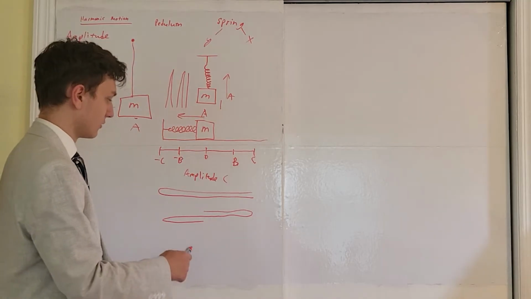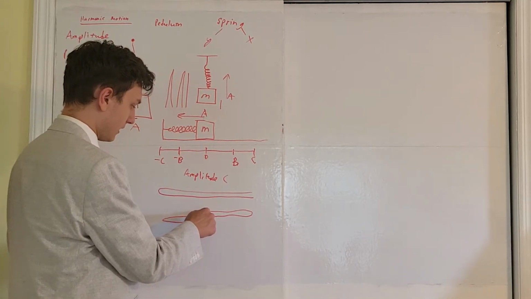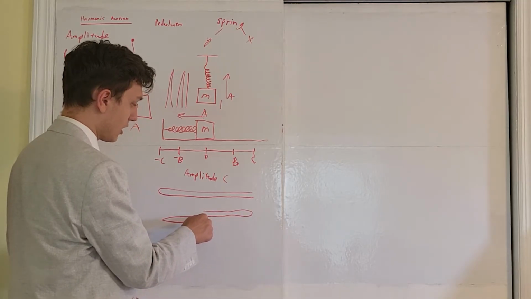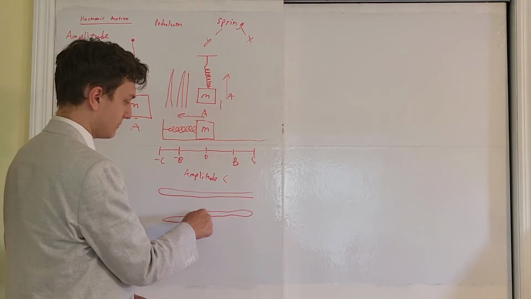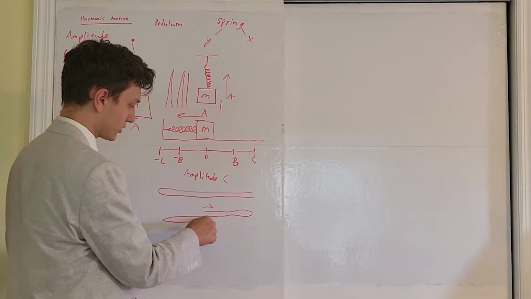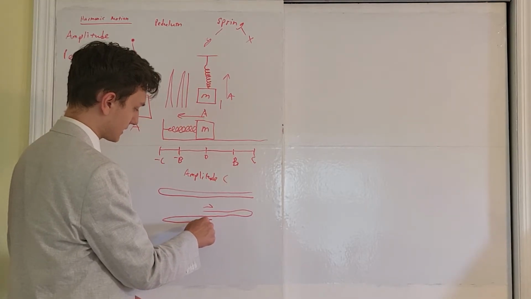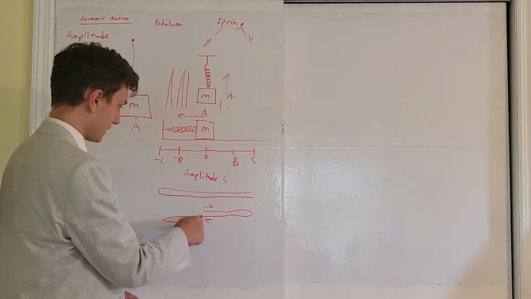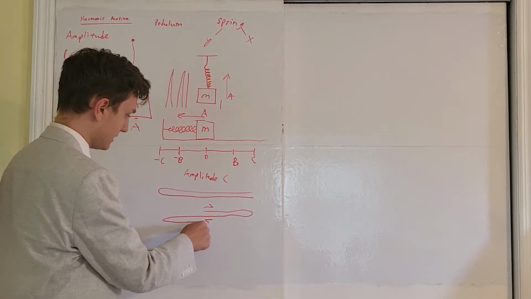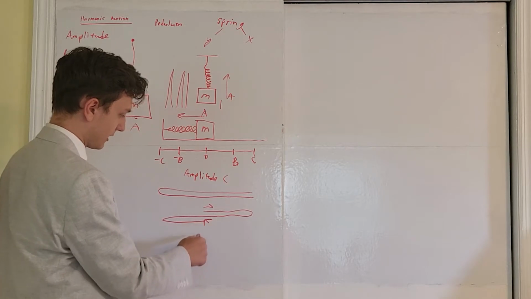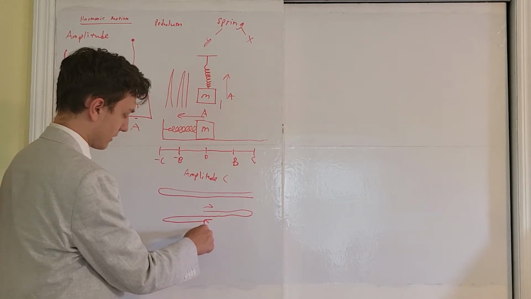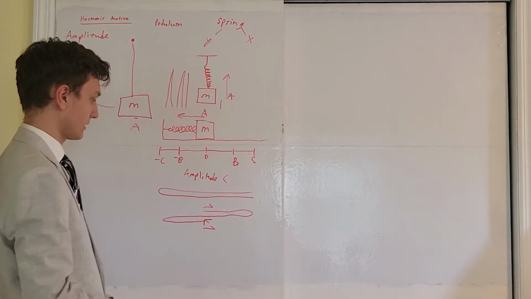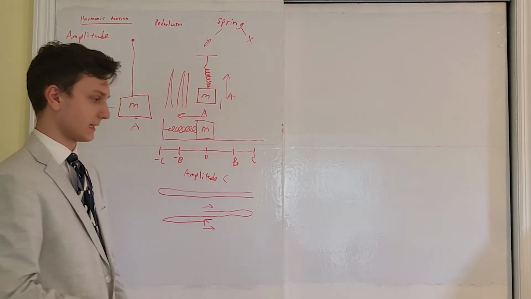Okay, so if we're looking here, when we start at point A, we travel to point C, and then we come back. We arrive back at point A, but initially our velocity was in this direction, and the first time we come back, our velocity is in the opposite direction. So the oscillation continues through point negative C, and then the second time we arrive back at point A, we arrive there with the initial velocity vector that we started with. So that would be one complete oscillation.